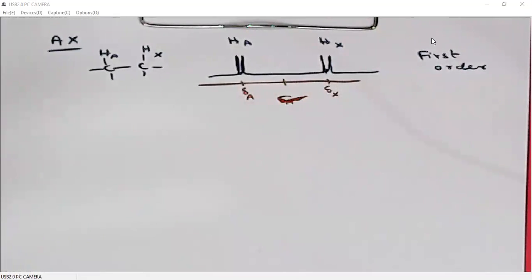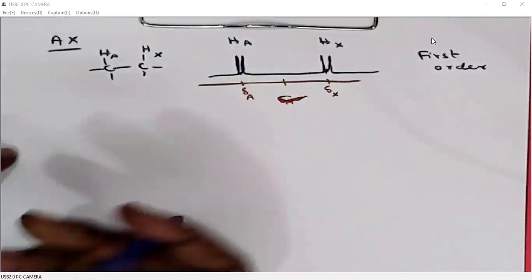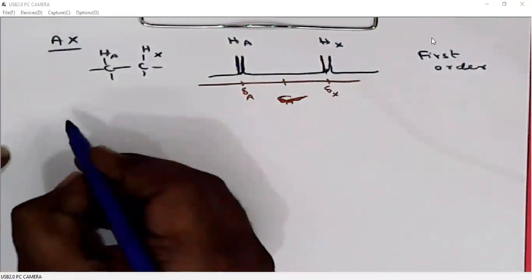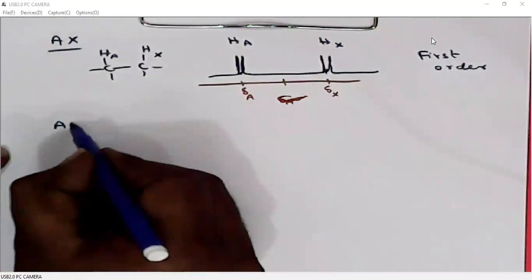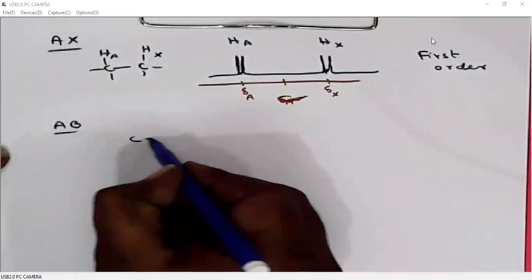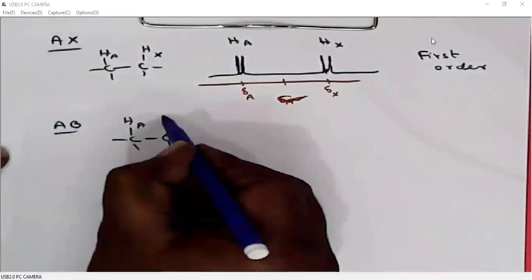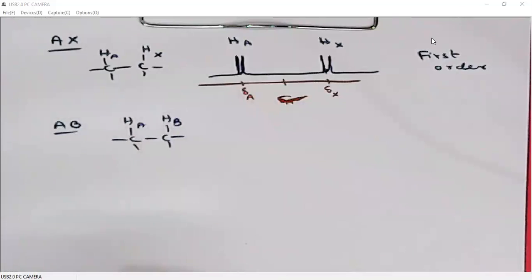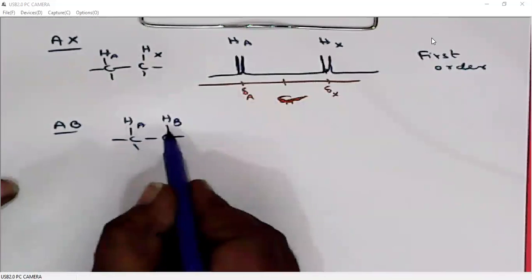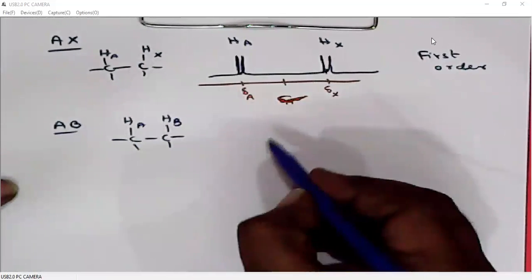But when it is AB type, what will happen? Again, we will have two different protons. One is an A type proton, one is a B type proton. But the chemical shift difference between these two signals is very, very small.